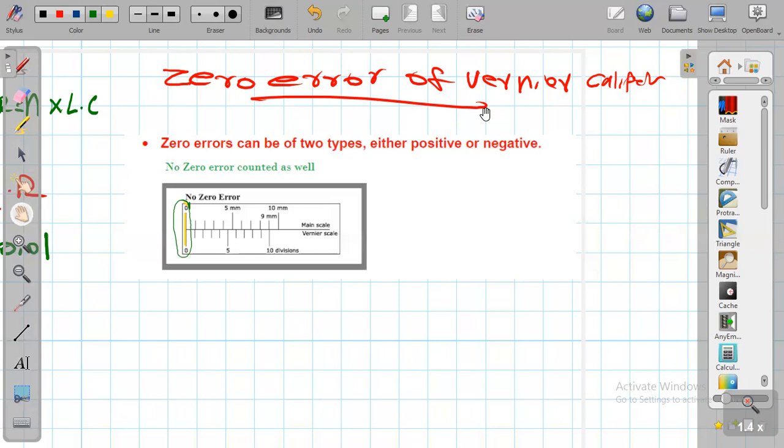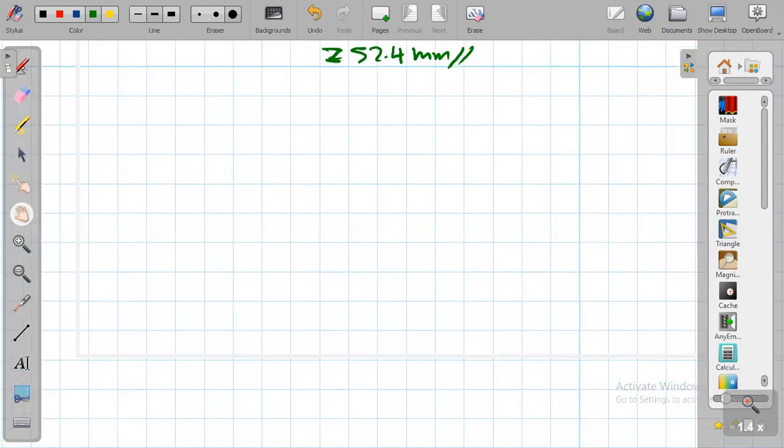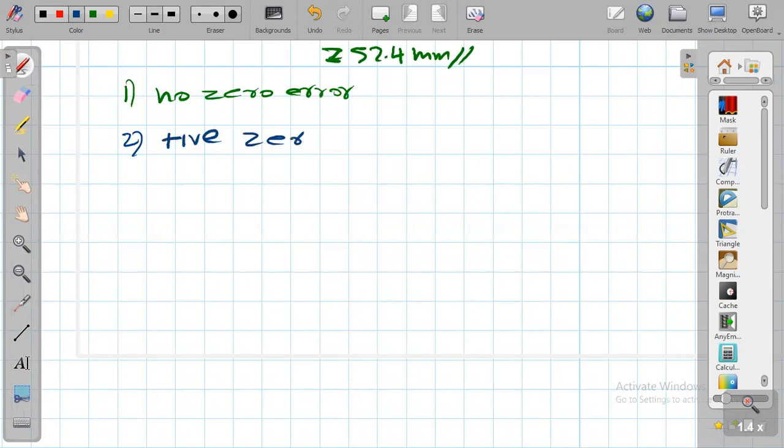Now, there are basically three types of zero error. First one, no zero error, which I have already discussed. Number two, positive zero error.